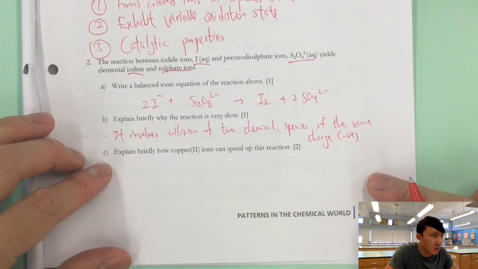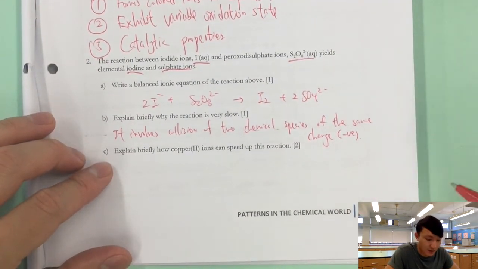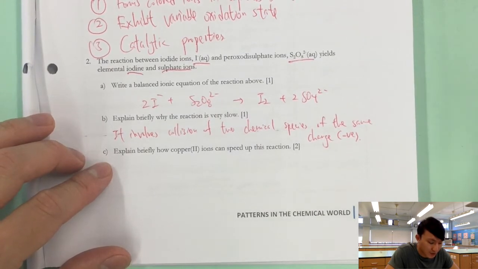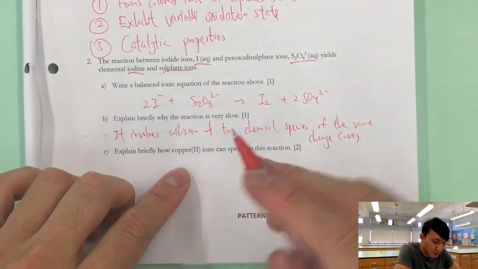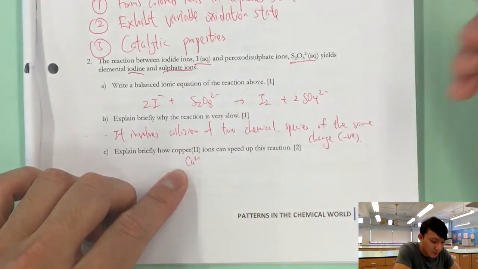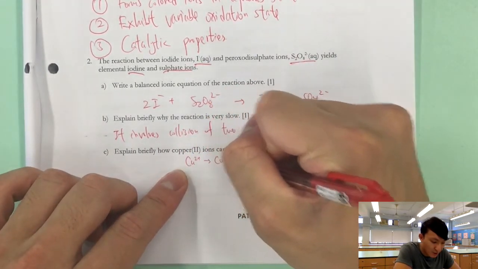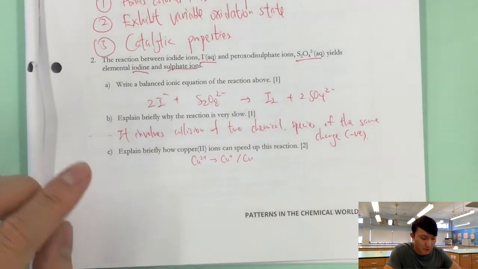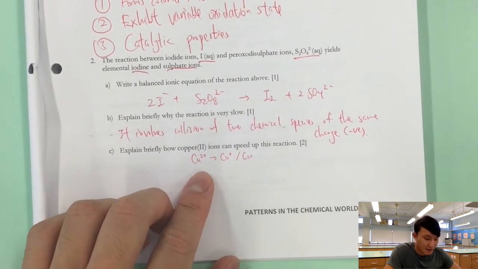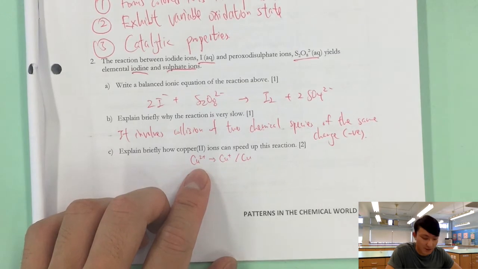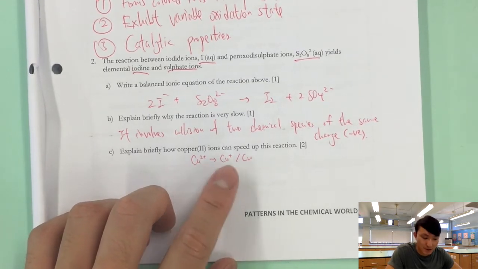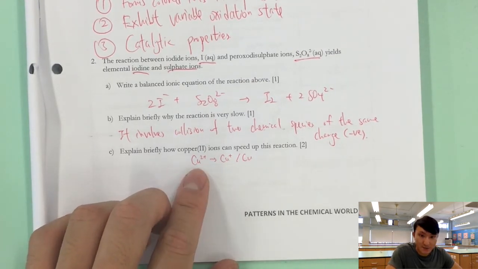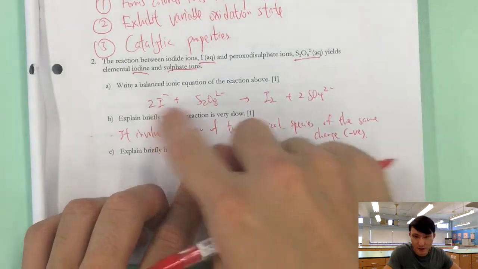Now, explain how copper 2+ can speed up the reaction. First of all, you need to know copper 2+ is able to form copper plus or even copper. So, copper 2+ can act as an oxidizing agent and itself undergo reduction. It is able to accept an electron from these chemical species.